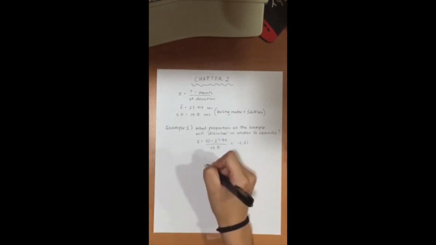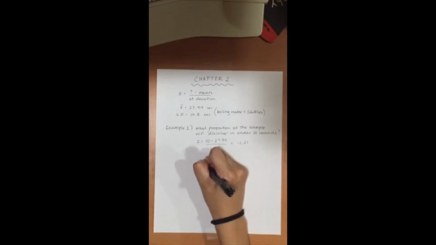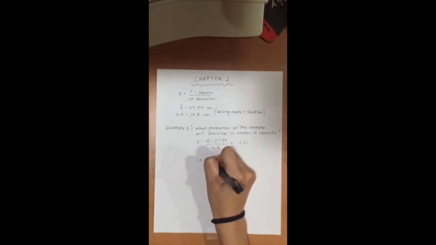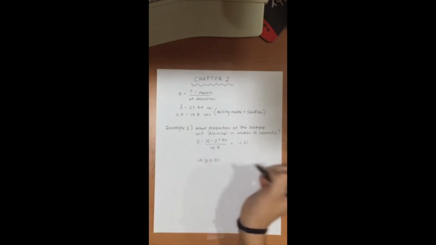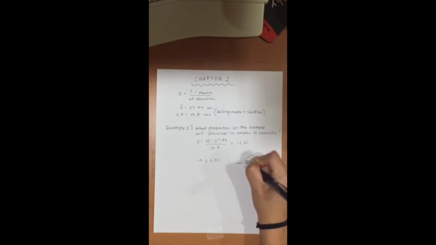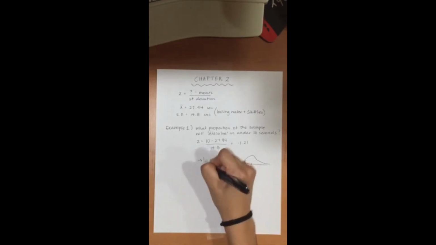And then you use the z-score standard table, and you find that this value corresponds to a proportion of 0.1131. Because it's asking for under 10 seconds, so wherever 10 is, you're looking for the proportion under, then this would just be your answer.